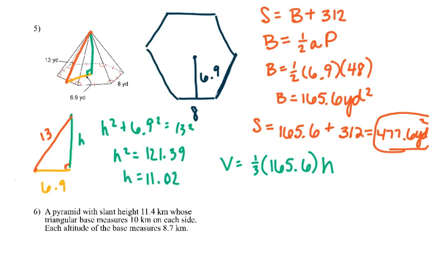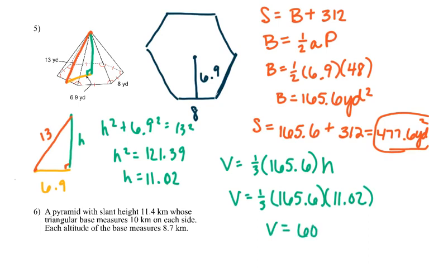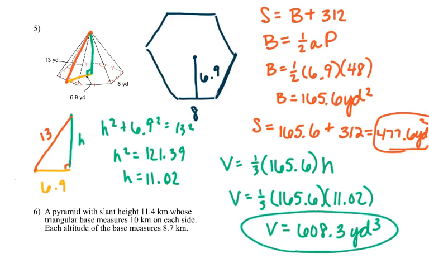Okay, so our volume is equal to 1/3 of 165.6 times our height, which is 11.02. And we get, let's see here, 608.3. And that's cubic yards. So there we have our volume.